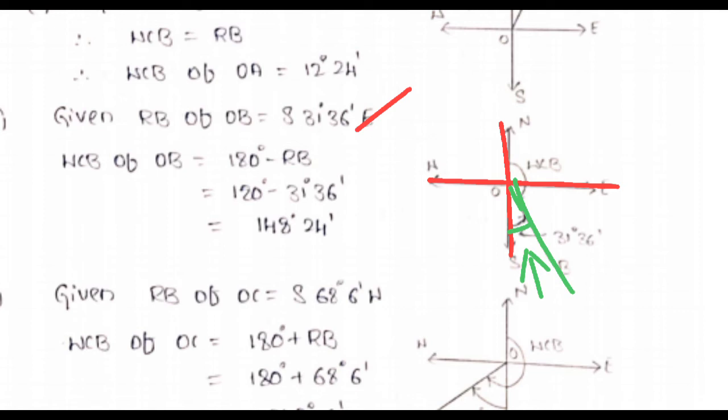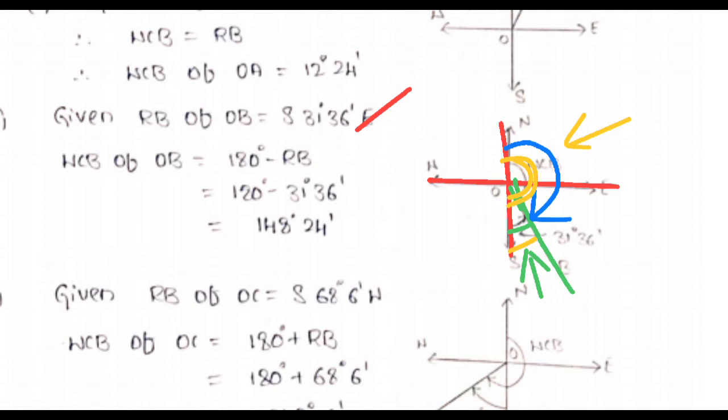So this is given. Now we need to calculate the whole circle bearing, which is calculated from north to the survey line. We need this angle. How do we get this angle? We already know that this total angle is equal to 180 degrees. If we subtract this reduced bearing angle from 180 degrees, then we will get this whole circle bearing.